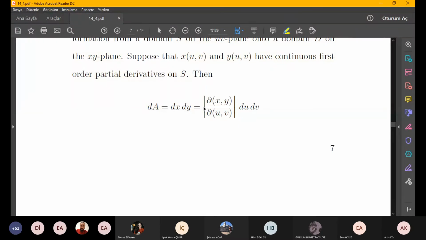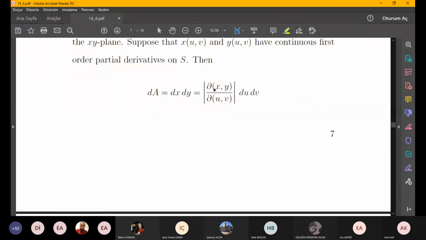So that is the Jacobian determinant of the transformation that we have.